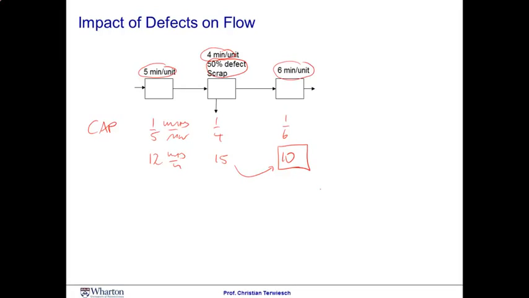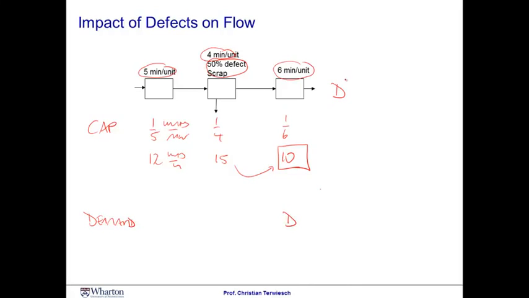I want you to rethink how we tackled process flow diagrams where we had multiple types of flow units. In this case, we often look backwards and ask ourselves what is the demand for each of the resources that needs to be served. Now assume that we have a demand of D flow units. How many units do we have to be serving at station number 3? We have to be serving D units.